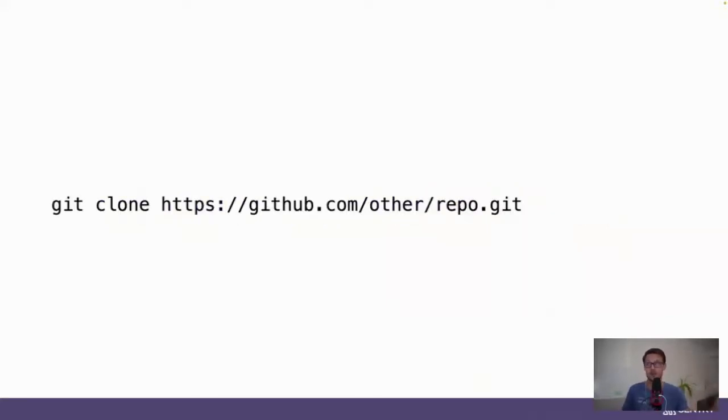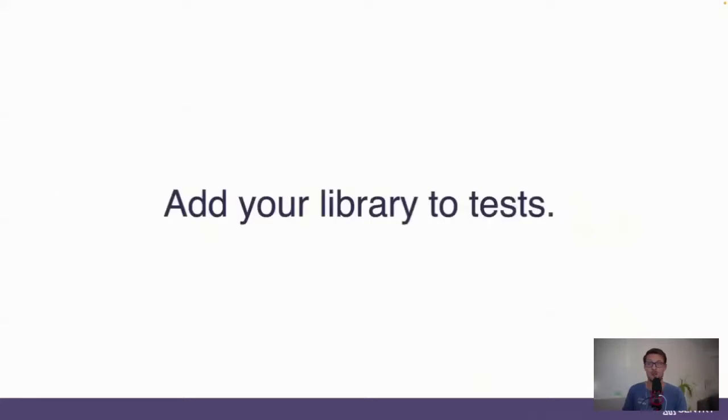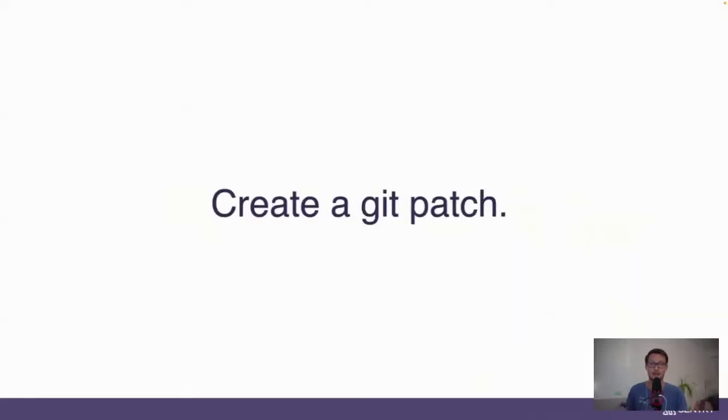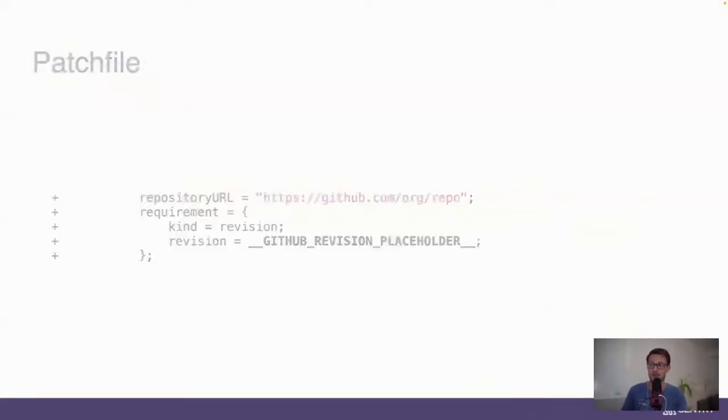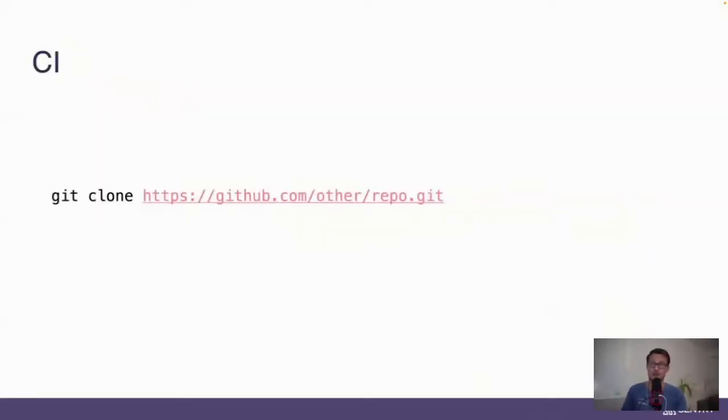We clone the other repository, we add the library to the tests, and we point again to the Git master branch, the main branch. After we did this, we create a Git patch file. In this patch file, which I then commit into my local repository of the Sentry SDK, I add a revision placeholder that I then replace again with the Git commit hash of the current commit that I run CI for.